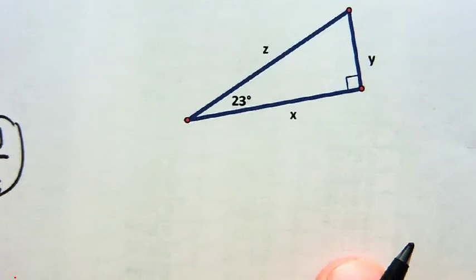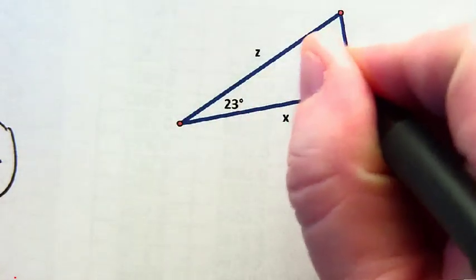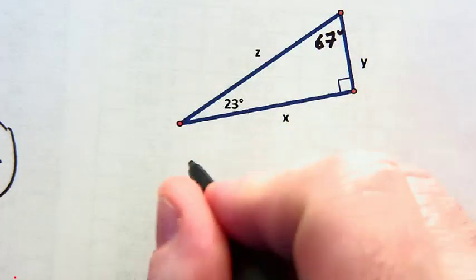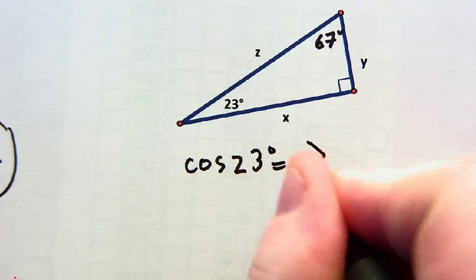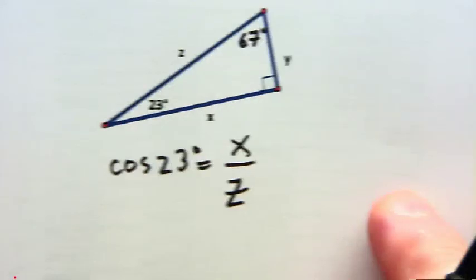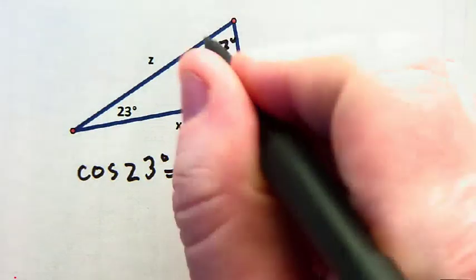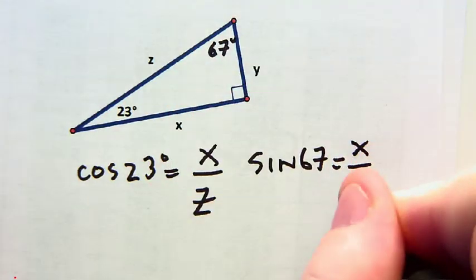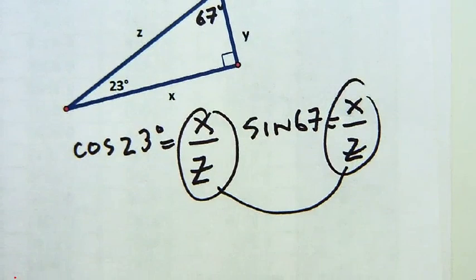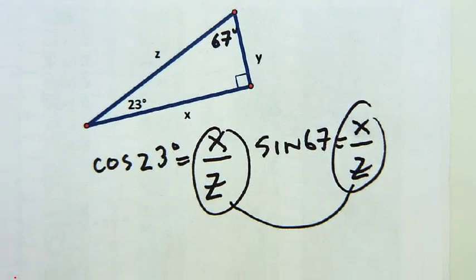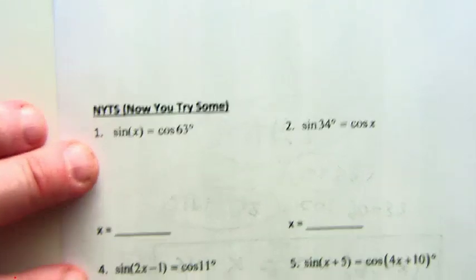Again, let's just show you what I mean by that. Okay, so that's what this is showing, is that, again, it doesn't matter what corner we're in. Let's say we wanted to do the cosine of 23. That would be x over z. And we would do, let's say, the sine of 67, which would be opposite over hypotenuse. And we get that same relationship. Kind of a fun little idea. It was interesting that it appeared, but ultimately a pretty easy idea that we're in the same triangle.